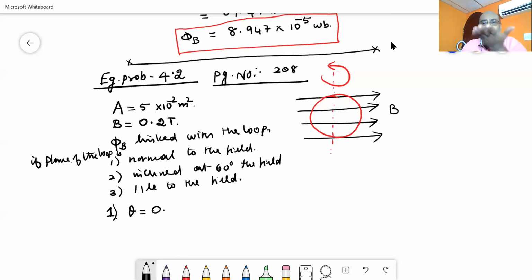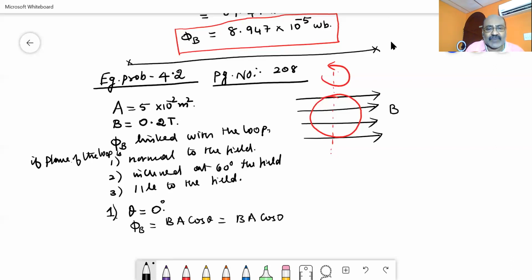If the plane is perpendicular, the normal drawn and the magnetic lines of force are parallel to each other, so theta equals 0 degrees. We know the flux is given by the formula B into A into cos theta, which is B into A into cos 0.